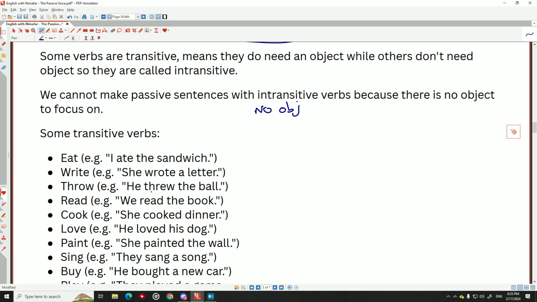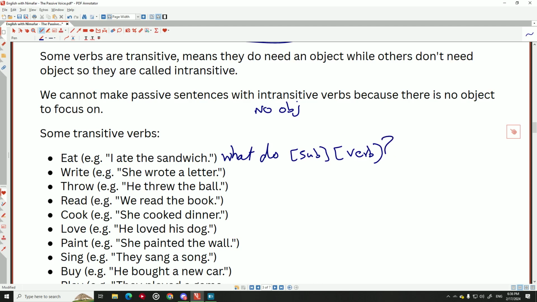Some transitive verbs, like eat. I ate the sandwich. You can ask yourself, what do or does, depending on the tense, subject, verb. For example, I ate the sandwich. What did you eat?